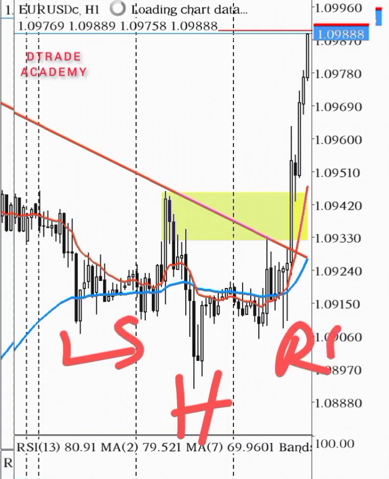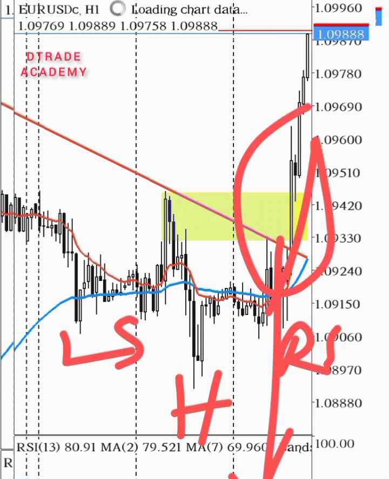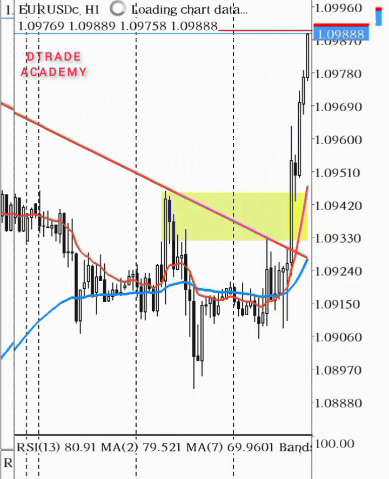This always happens when we expect price to sell off from here, and price refused to sell off, and from there we had a bullish breakout from this trend line. So a retest on that trend line also is an opportunity to buy.